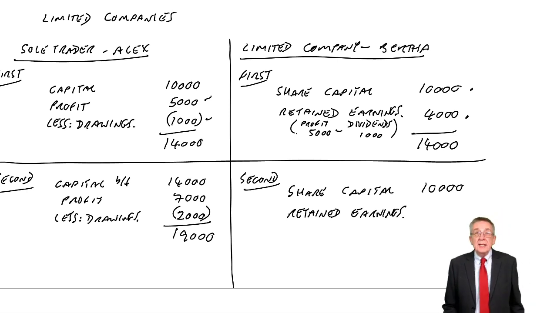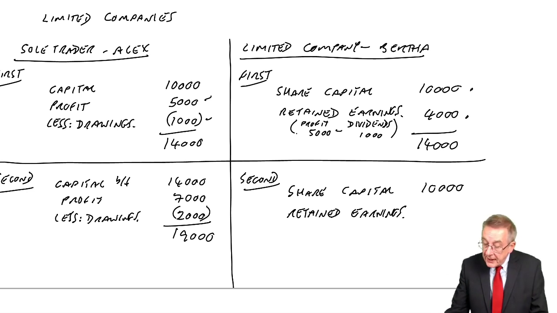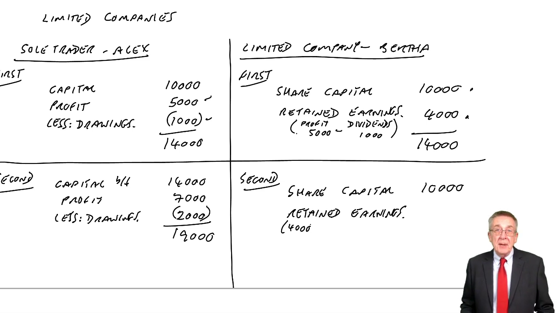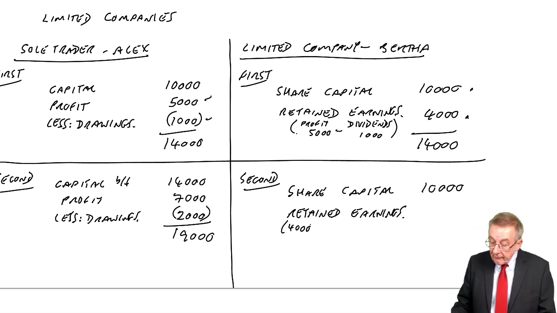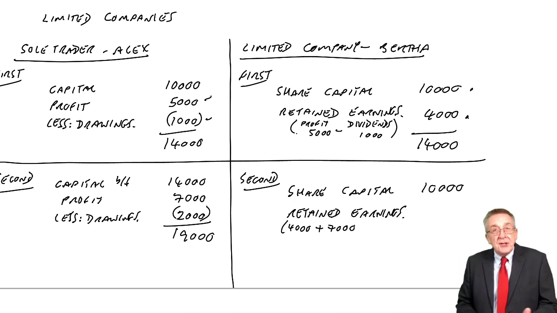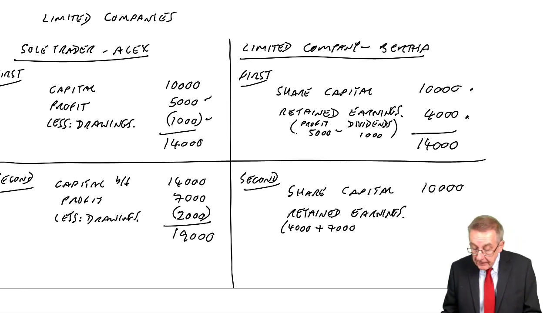The total earnings that have been kept within the business. And what is it? From last year, there was already 4,000 that had been kept. This year, there's another 7,000 profit, but some of that profit was taken by shareholders as dividend.